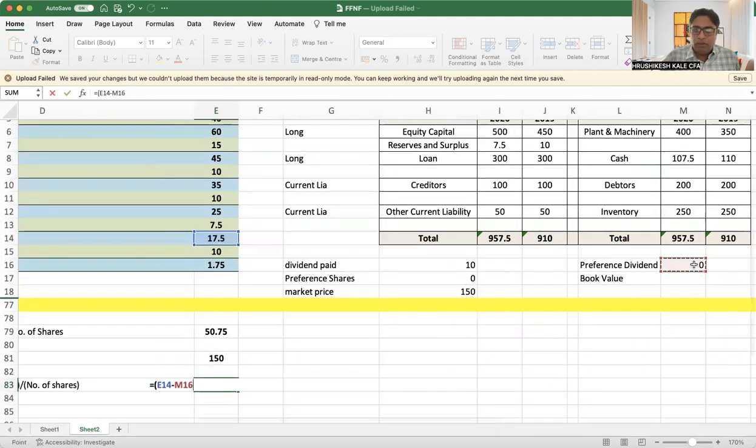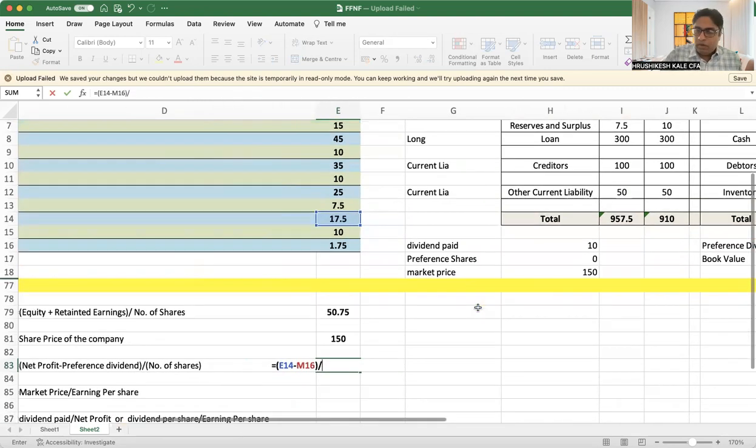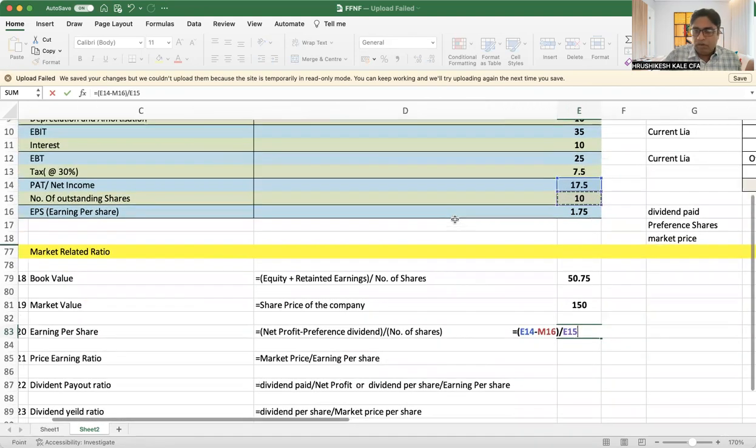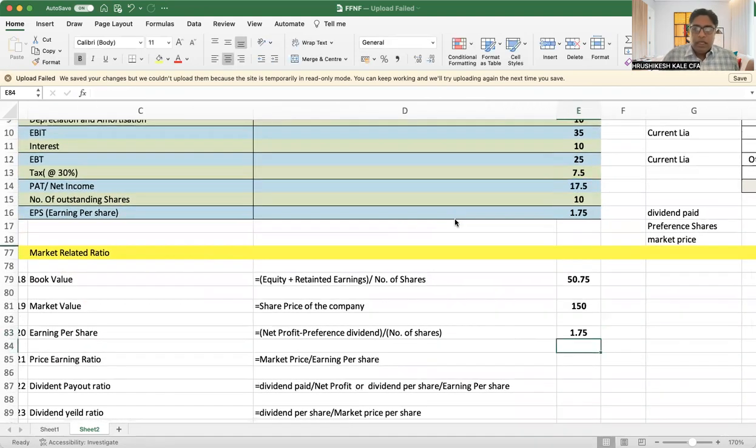So, preference dividend will be 0, divided by number of shares, and number of shares we know are 10, number of outstanding shares. Earning per share, which we have already calculated here, is 1.75. That means how much per shareholder is earning. So, per shareholder, in the last year, has earned 1.75 rupees.